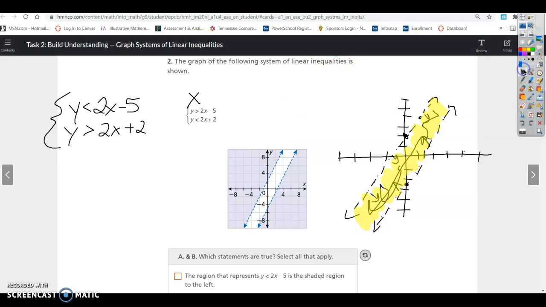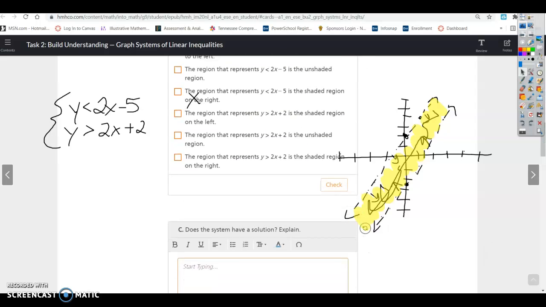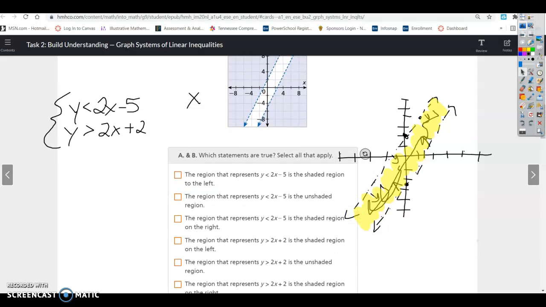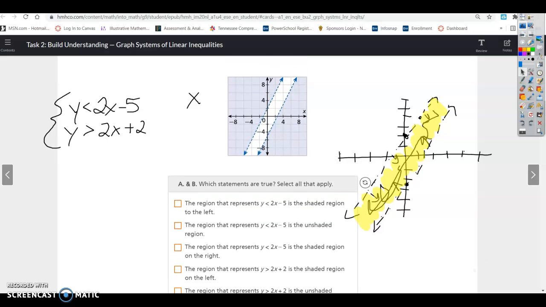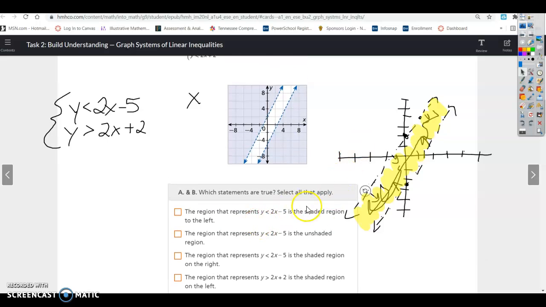So anyways, let's see what the questions say and see if they actually line up with the inequalities or the graph. All right, it says, which statements are true? Select all that apply. The region that represents this is shaded to the left. No, the one with the y-intercept here is not shaded to the left. The region that represents this is the unshaded region.